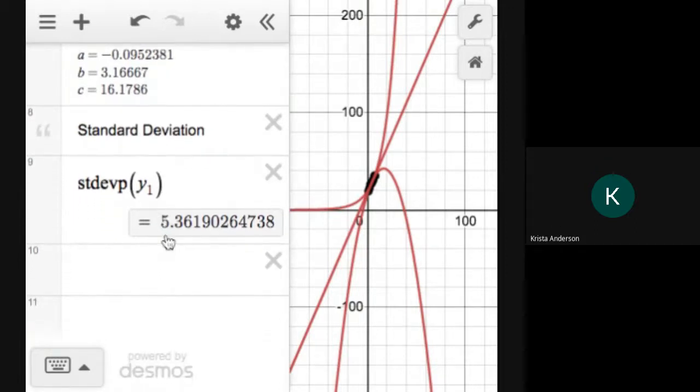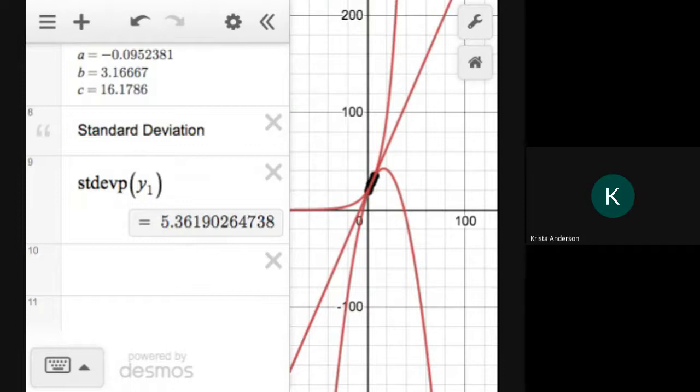What is my standard deviation? Instead of typing all of this in and just putting the values into my calculator, it gives 5.3619. What happens when I round it to 1 decimal place? 5.4. So I'm going to write 5.4 as my standard deviation.